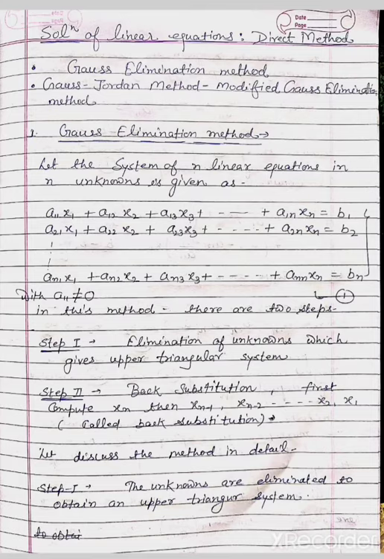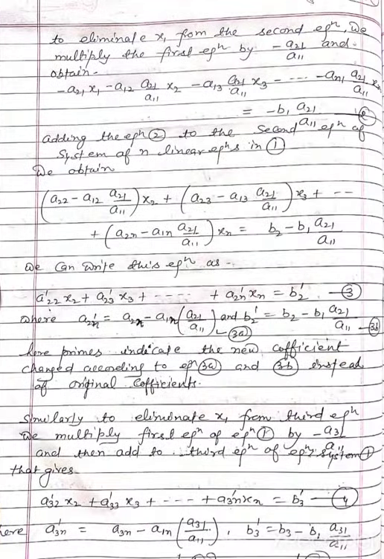Now let us discuss this method in detail. First, we will use step first, the elimination of unknowns in such a way that we get an upper triangular system of equations.